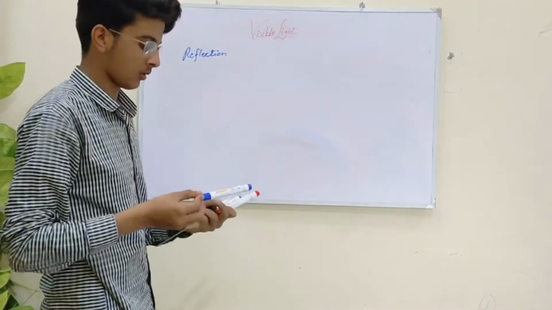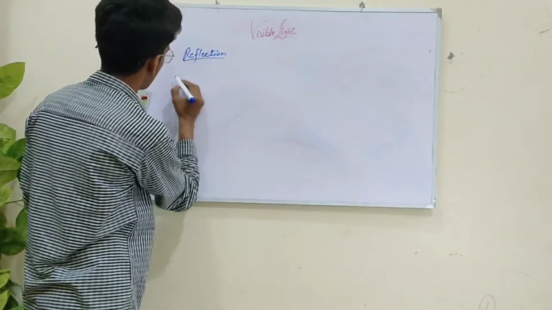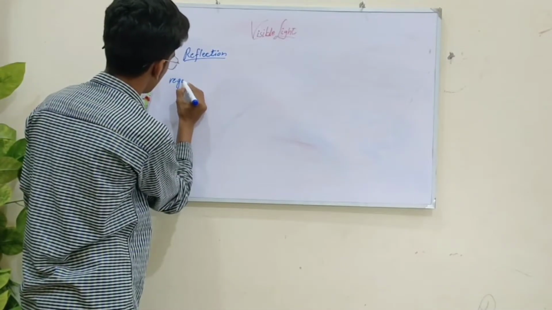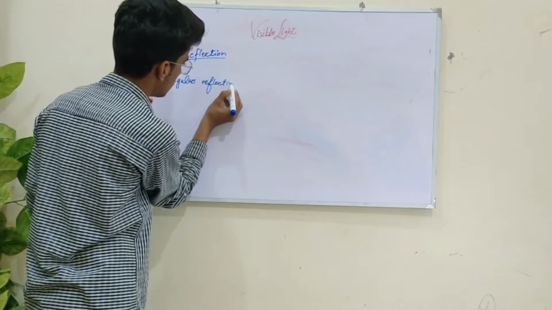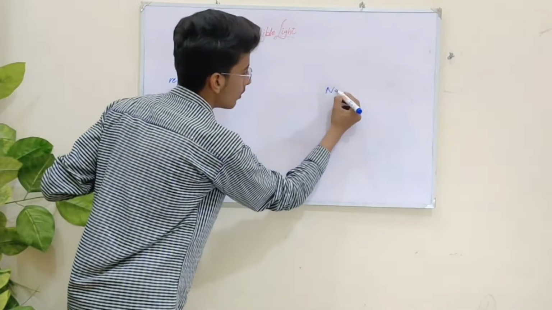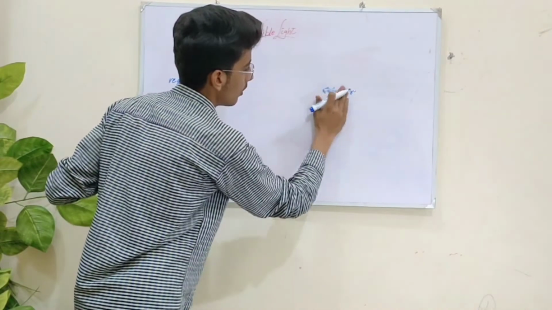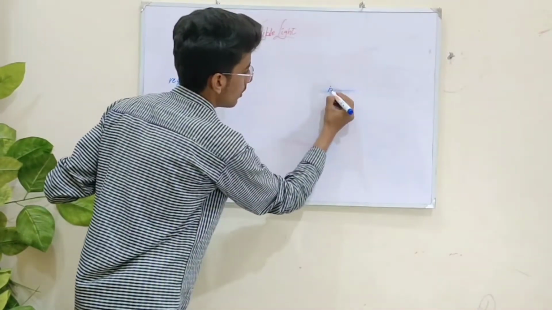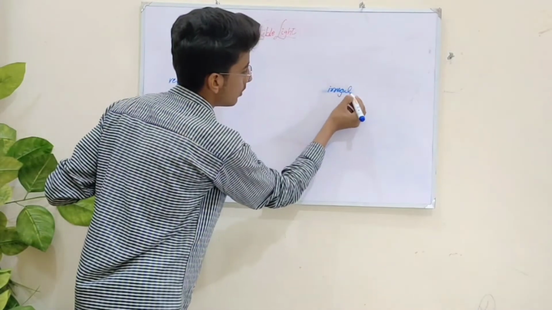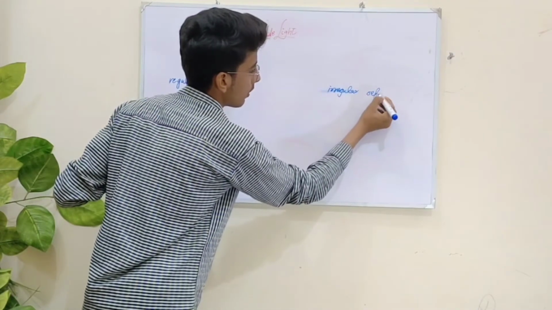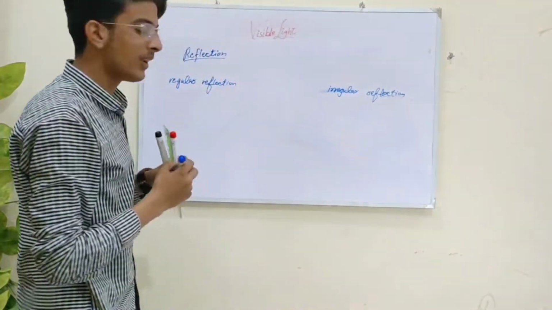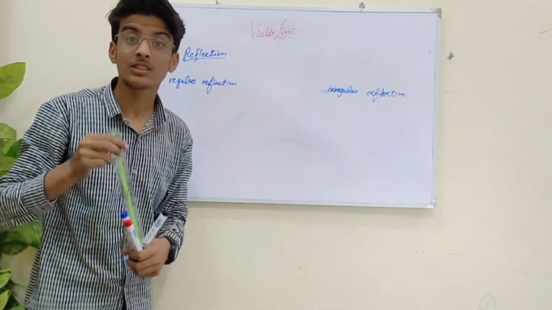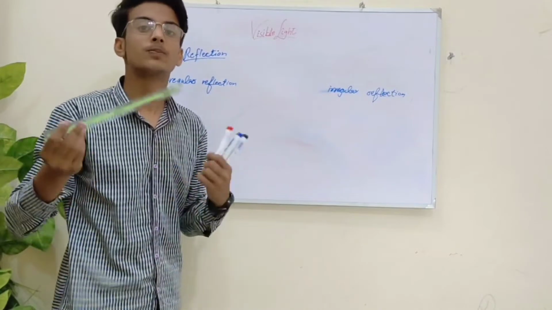First of all, regular reflection and irregular reflection. Regular reflection is on a surface which is smooth, which is polished.